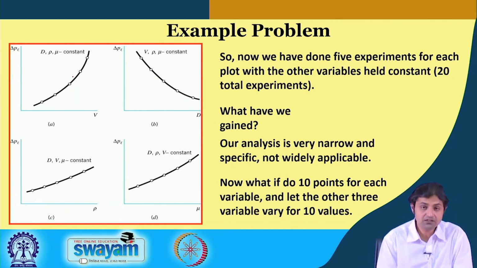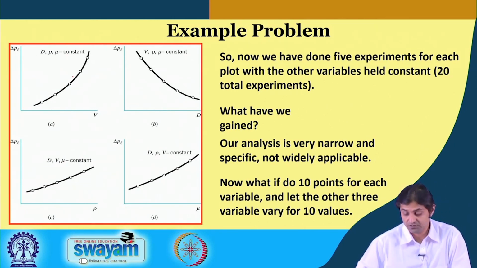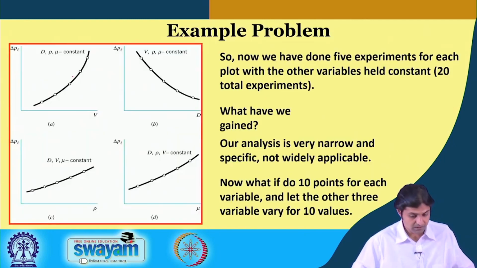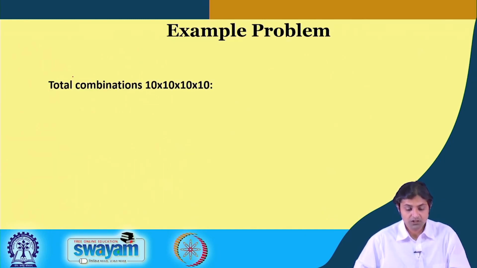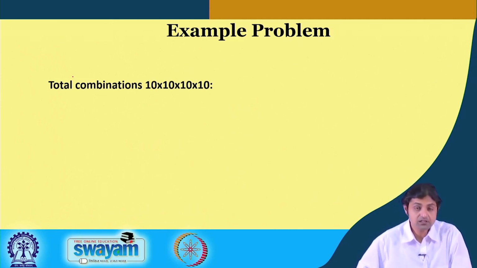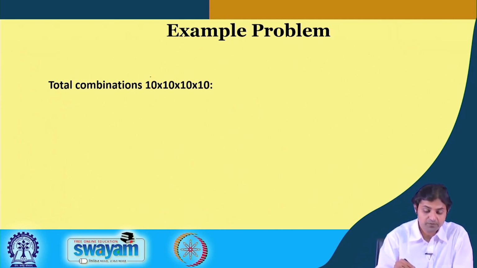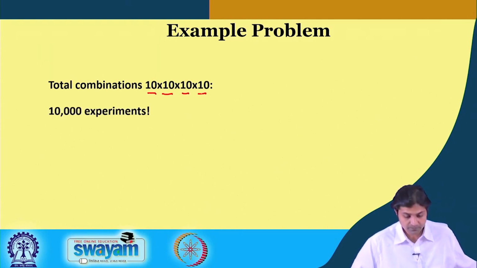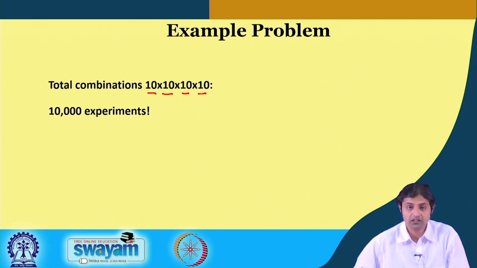Total combinations, because there are 4 variables: what is going to be the number of experiments? 10 into 10 into 10 into 10, right. So, there will be 10,000 experiments that we have to conduct, and conducting 10,000 experiments to make it more widely applicable is not a very good idea. This is definitely possible, but normally it is not preferred.